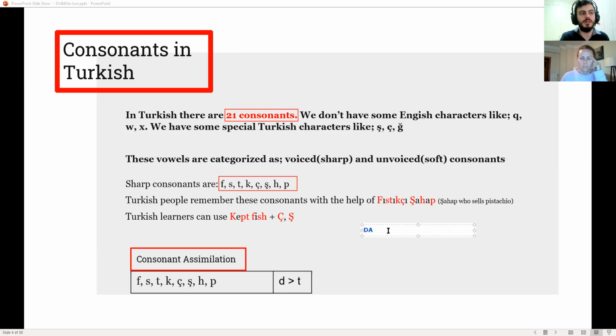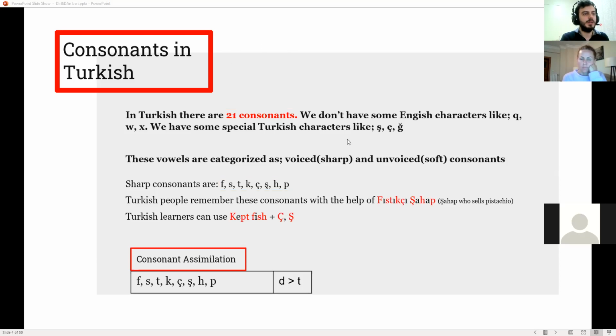On the table becomes masada. In Antalya is Antalya'da. But when you have a word that ends with one of these consonants, for example sınıf, then it's going to be sınıfta. Exactly. That's the idea. Okay?